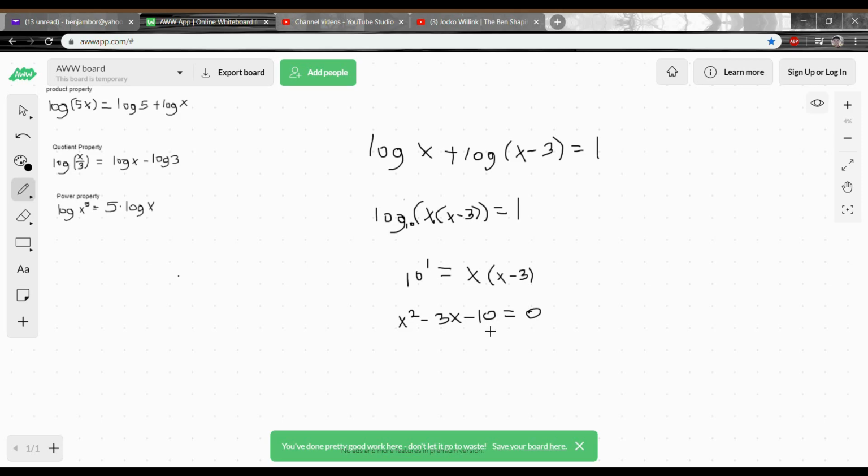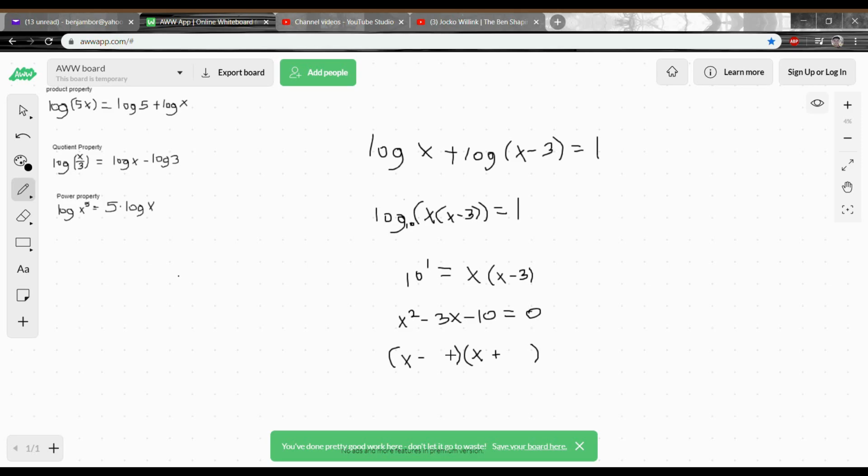The factors available for 10 are 1 and 10 and 2 and 5. So let's write down what we know. We know that we're going to have two quantities that involve x. Since these two signs are negative, the only way for this to be negative and for this to be negative is to have a negative and positive. 1 and 10 we cannot add together to equal 3, so we're going to try 5 and 2 instead.